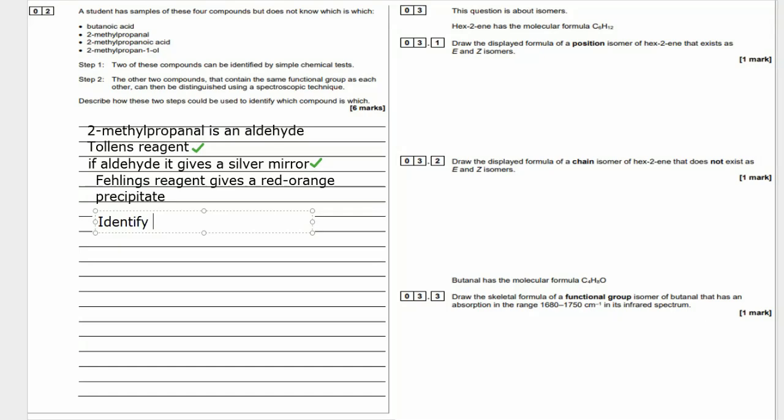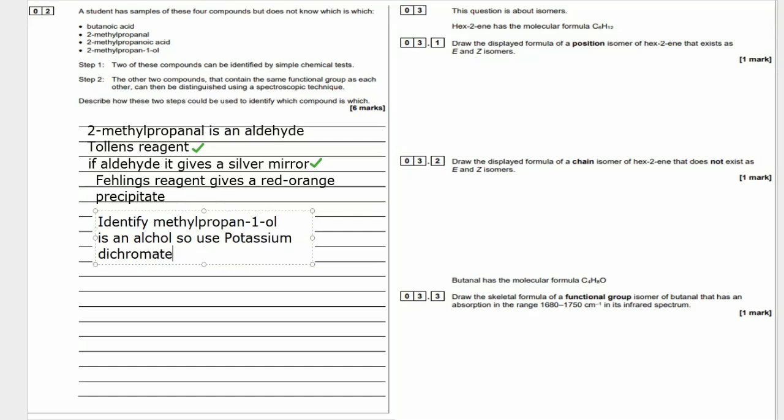Now, how am I going to identify the alcohol? Methyl propan-1-ol is an alcohol. So I can use potassium dichromate 7.